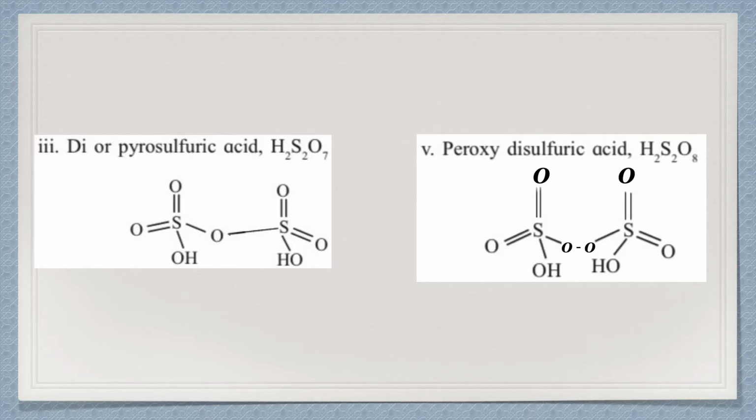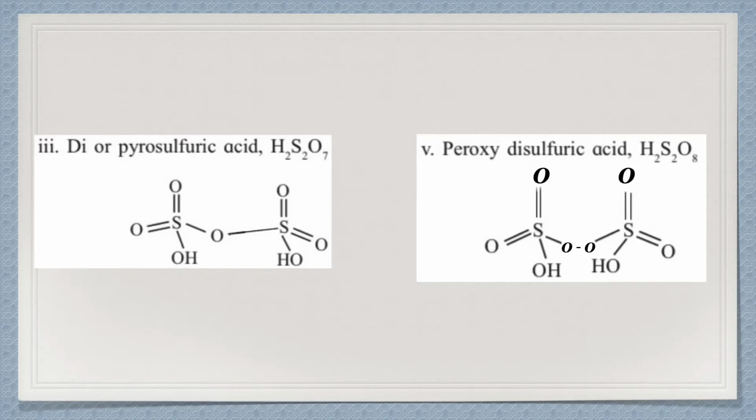Di means there will be 2 sulfuric acids together. To derive this formula, you can just do acid into 2 minus H2O. Obviously, when you heat two molecules of sulfuric acid together, there will be removal of water.